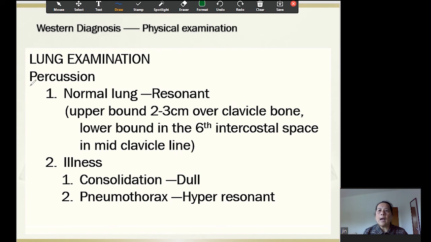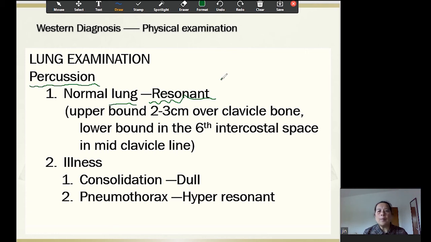Then we're talking about percussion. We can use direct percussion and indirect percussion. But whatever percussion, the sound coming from the lung, we call it resonant. The sound is between the hollow and the dull, because dull sounds come from solid organs, and hollow sound comes from air inside.